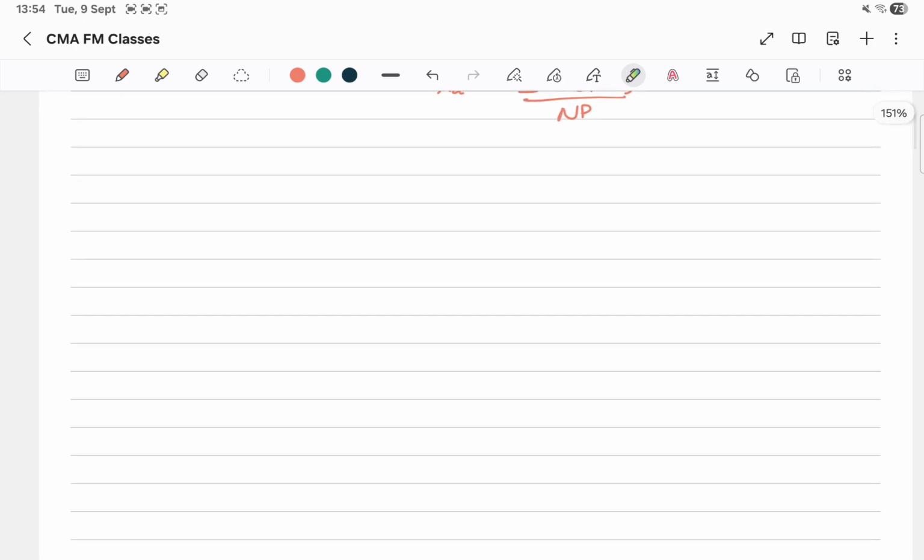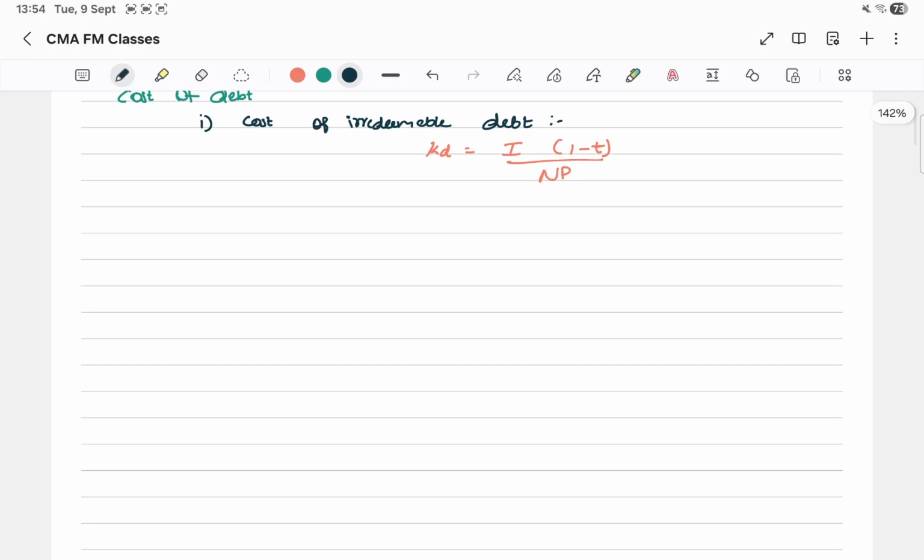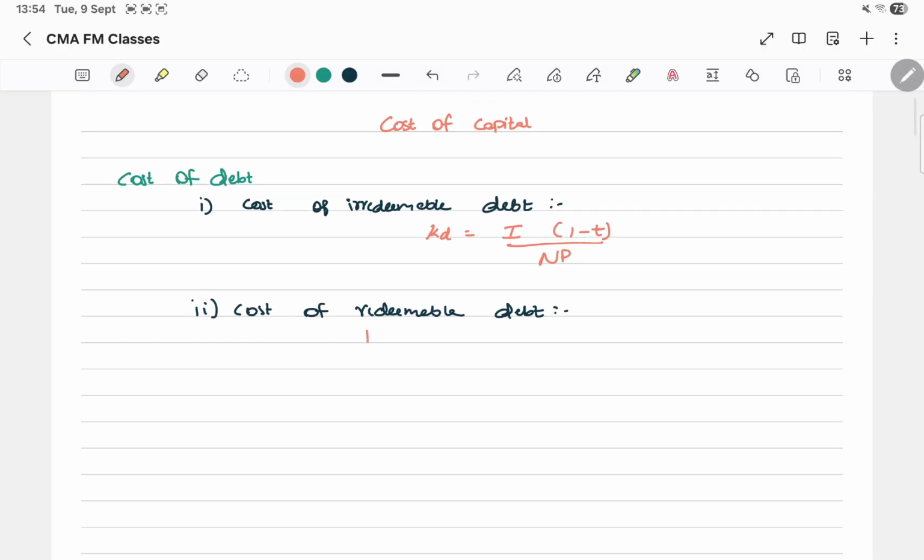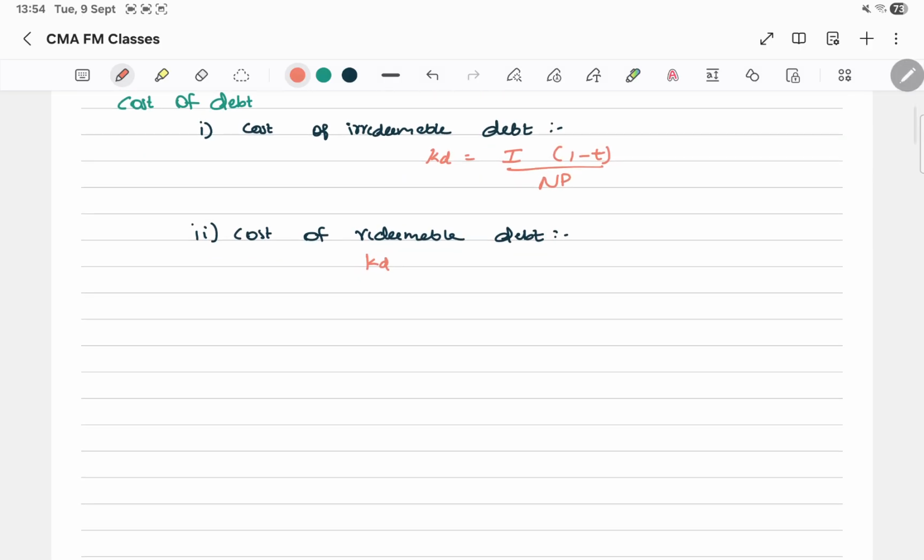Next part is cost of redeemable debt. Under cost of debt, it will also be marked as KD.